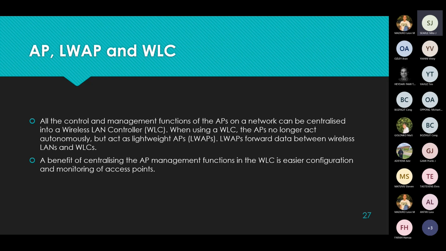All the control and management functions of the APs on a network can be centralized into a wireless LAN controller. When using a WLC, the APs no longer act autonomously, but act as lightweight APs. LWAPs forward data between wireless LANs and WLCs.